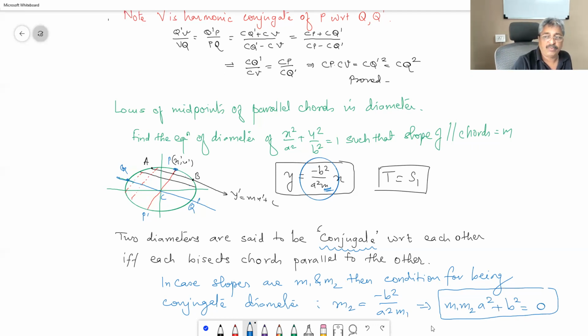If two slopes M1 and M2 satisfy this relationship, then they are the slopes of conjugate diameters.